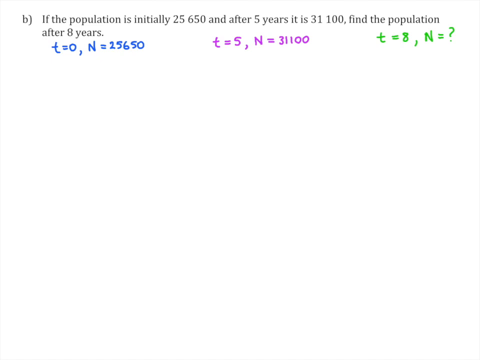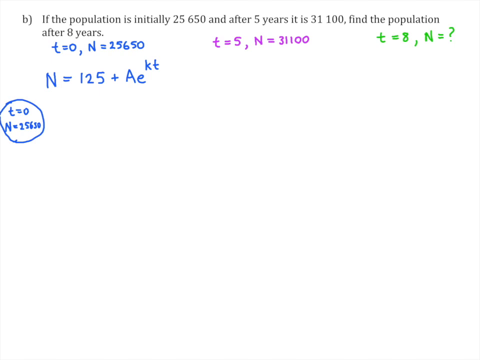Let's answer the first part. Looking at part A, we've got a formula, and our formula is N equals 125 plus Ae^(kt). Now if we use time as 0 and the population is 25,650, what does that actually generate?